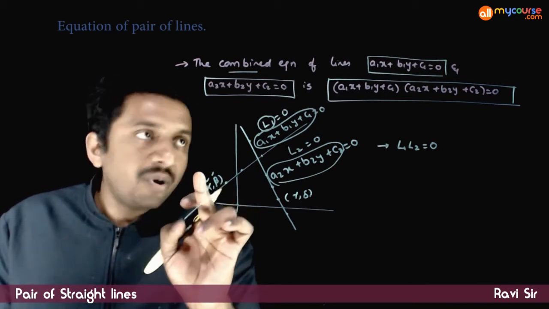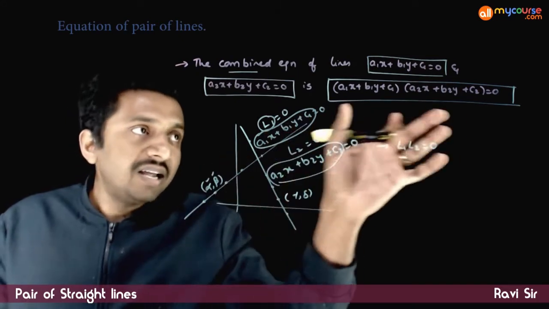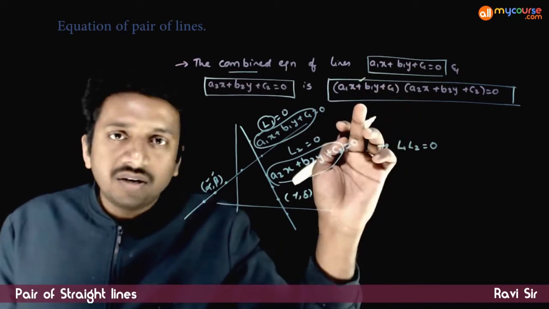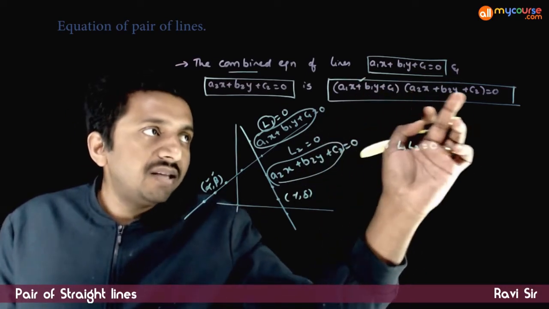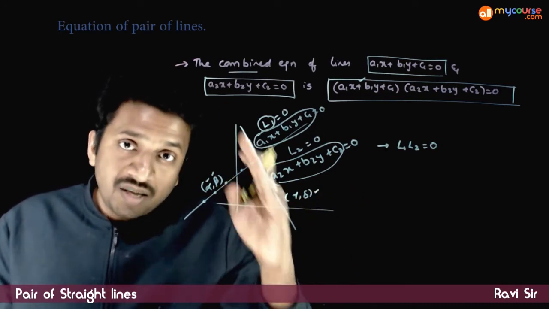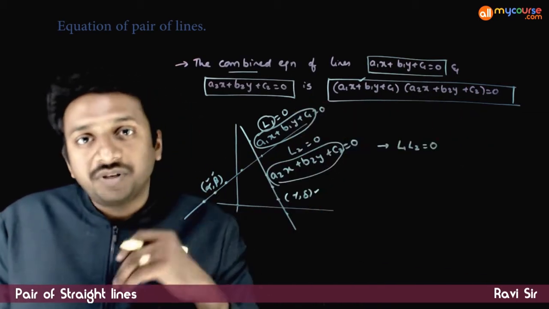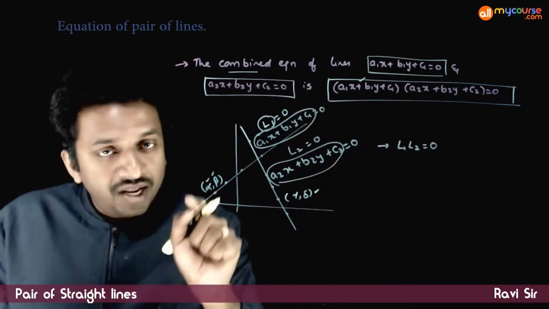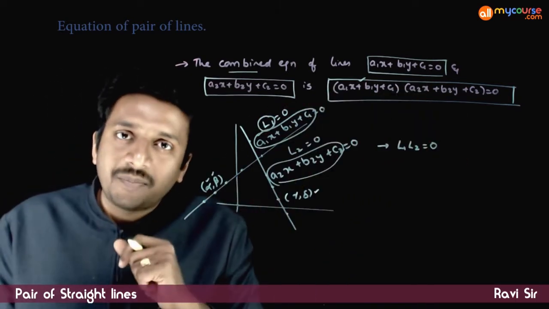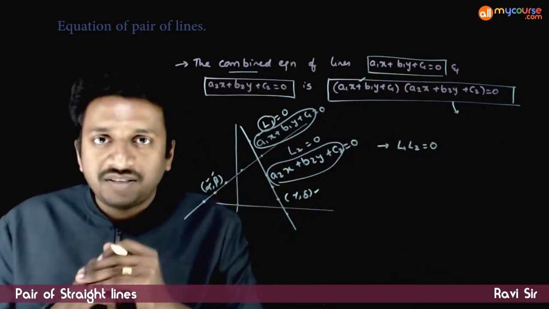Now if you take any point on the first line and substitute in this equation, this point makes the first expression 0. So 0 into anything is equal to 0. And for gamma delta, any point on the second line, this expression will become 0. Hence, this combined expression will be satisfied. So if you take any point either on this or on this line, they satisfy this combined equation. Hence, this is the combined equation of this pair of lines.